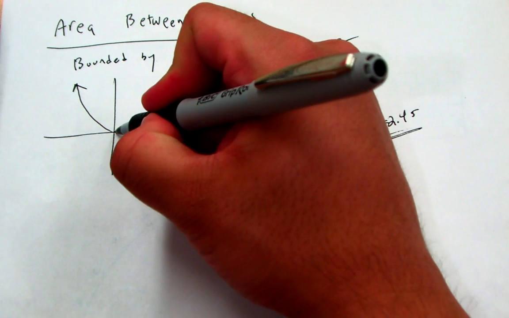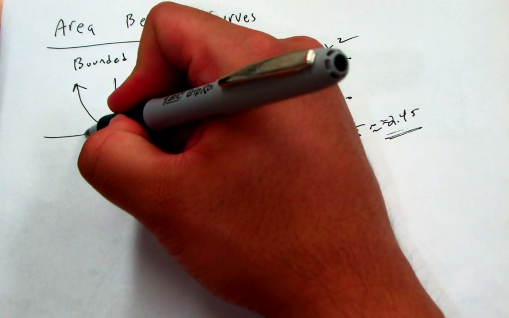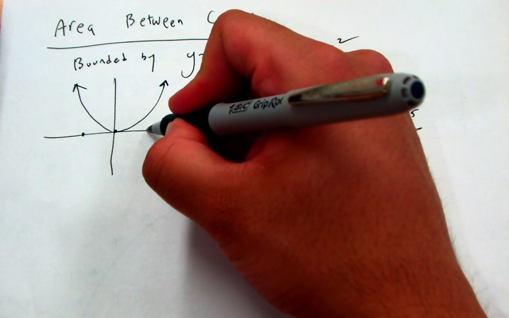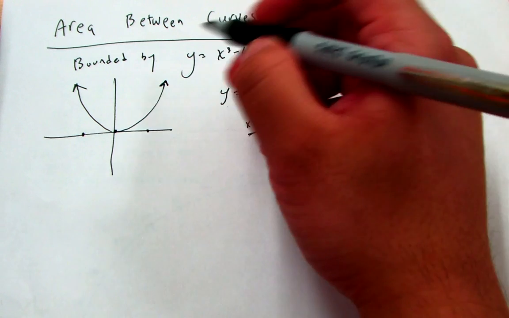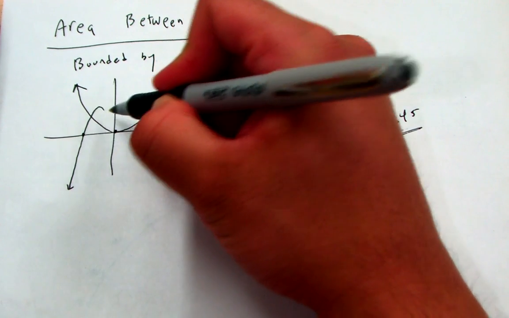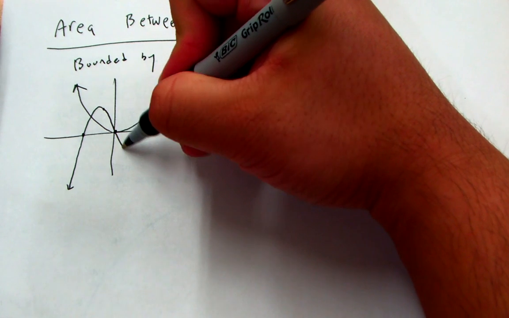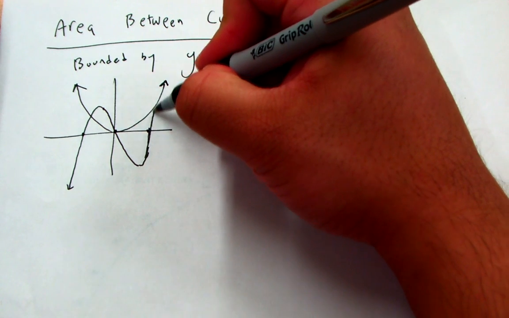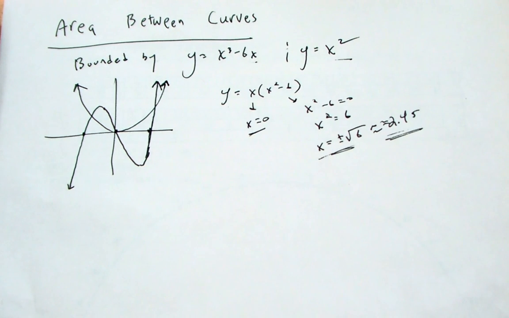So one of my roots is here, one of my roots is, let's say, negative 2.45, and symmetrically over here as well. So the cubic function has this sort of behavior. There, and there we go. So we're looking for the region that's bounded by those curves.